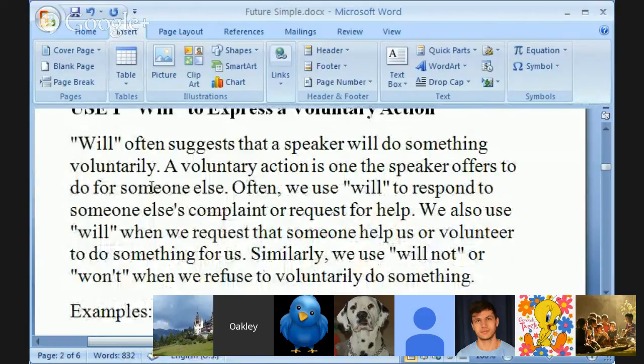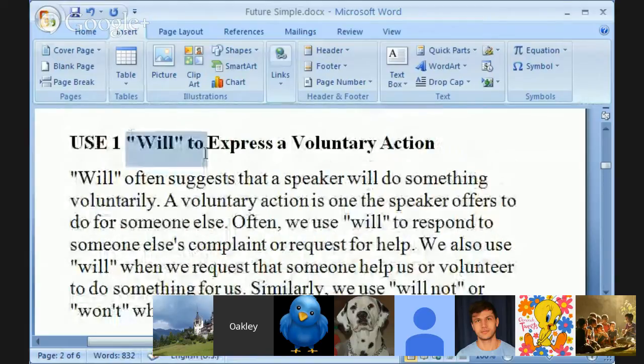Okay. Number one, will, to express a voluntary action. There is a suggestion when we use the will in the verb form that the future action is a voluntary one. So an offer, for example, often we use will to respond to someone else's complaint or a request for help.